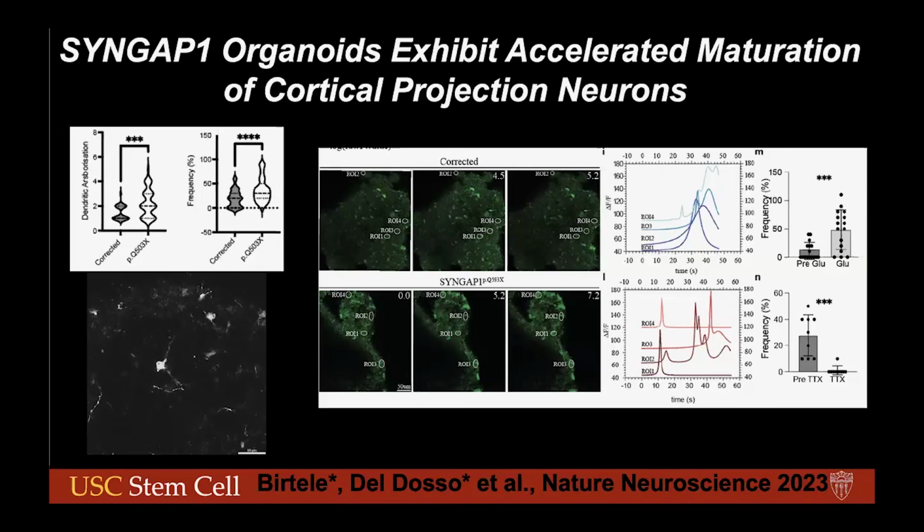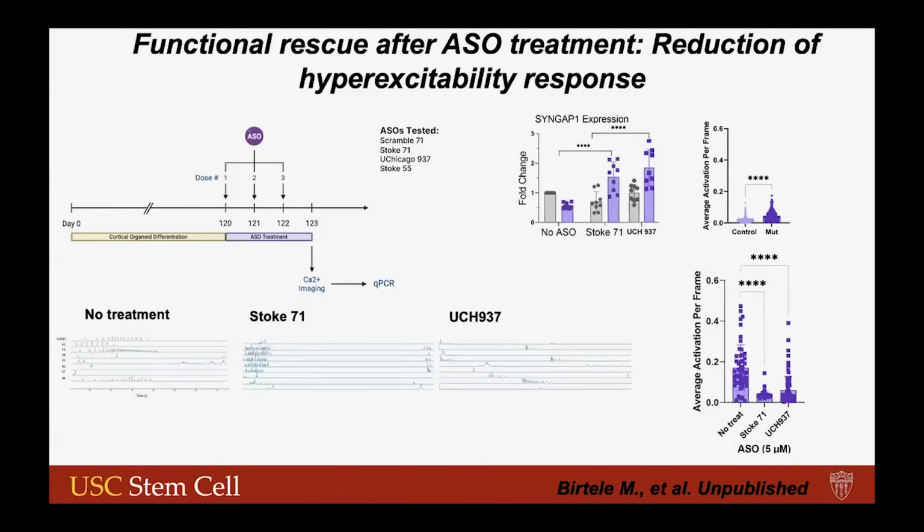So this increase and faster maturation in haploinsufficient organoids is actually a very good biomarker to test potential therapies. So now we have tested some antisense oligonucleotides that are able to rescue the level of SYNGAP gene transcript and protein.